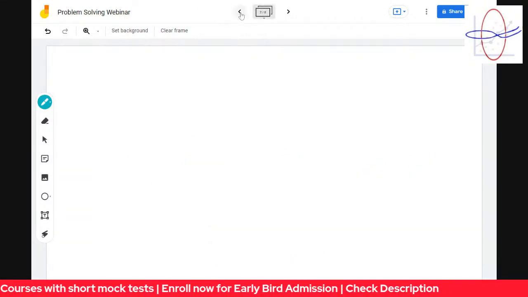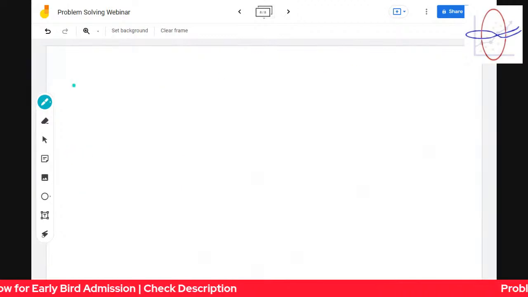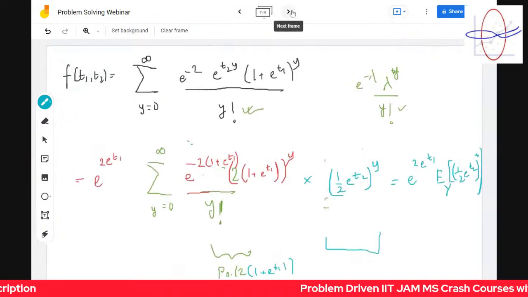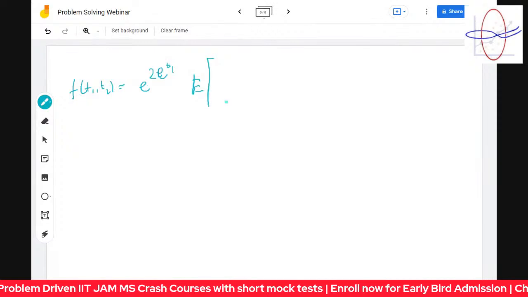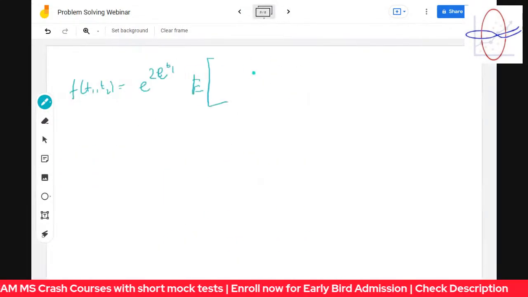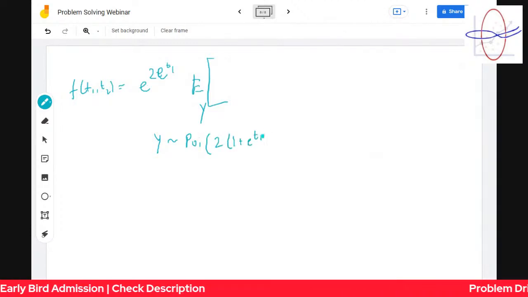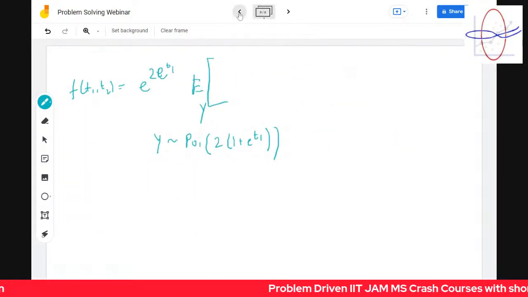So we get f of t1, t2 as e to the power 2 e to the power t1 into the expectation of y, where y follows Poisson 2 into 1 plus e to the power t1, half.